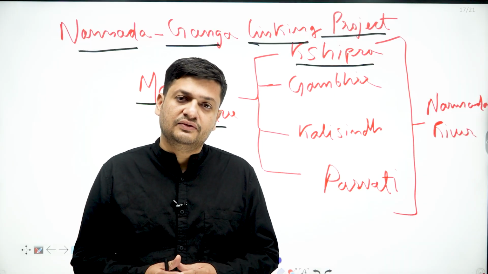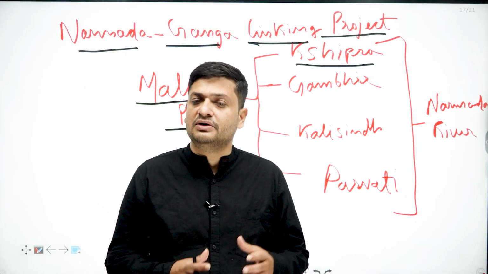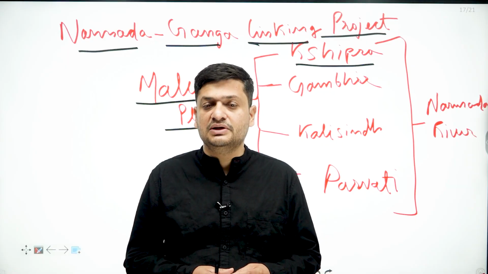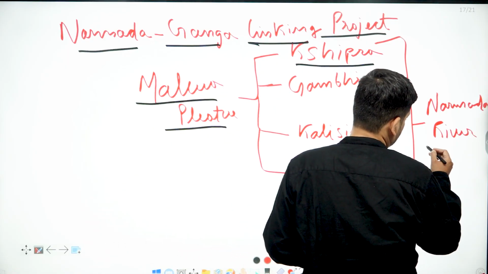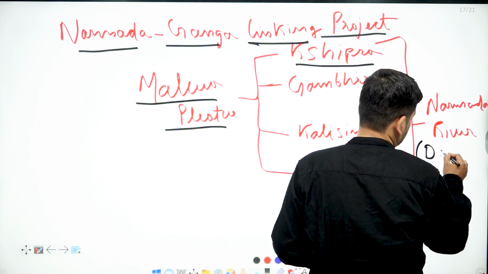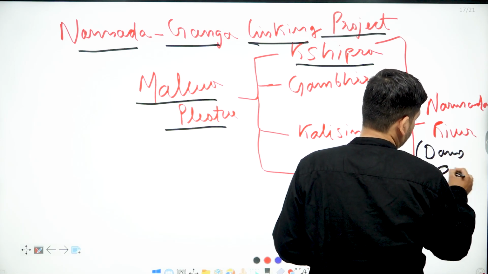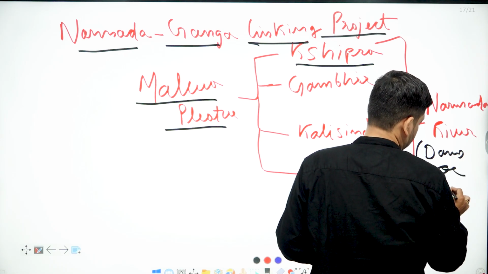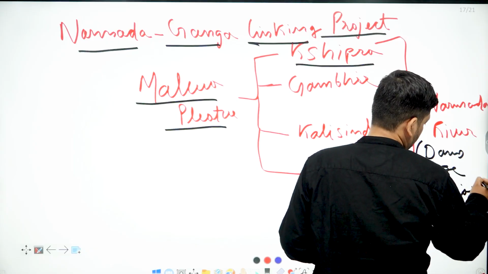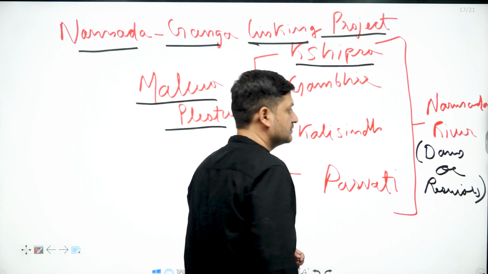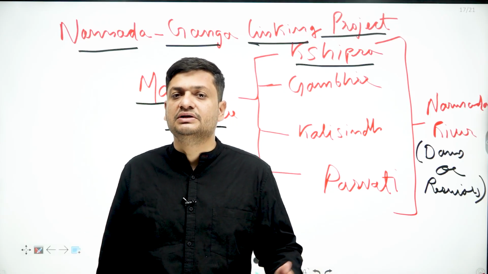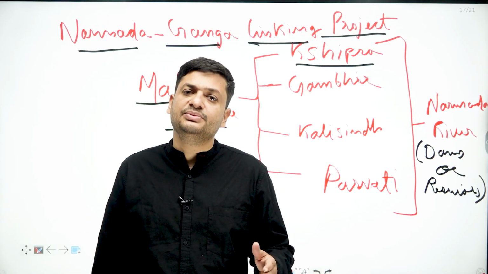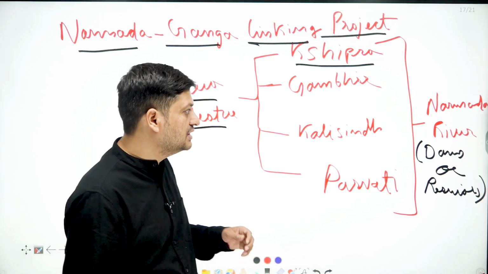So the excess water of Narmada, the water from the Narmada reservoirs, the dams, has been transferred to another part. This is the main thing which has been done here.